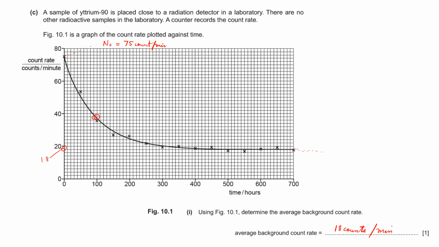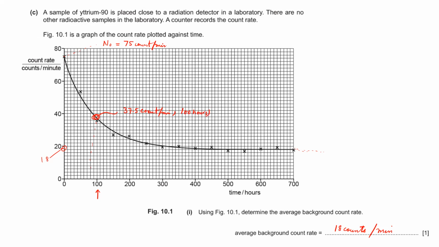At 37.5 we can see that the time is around 100 hours. So this is 37.5 per minute.